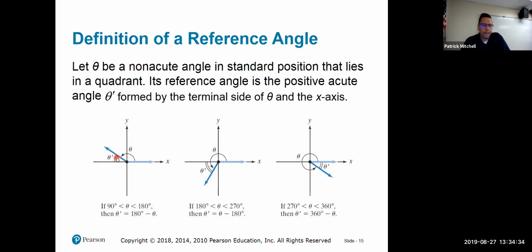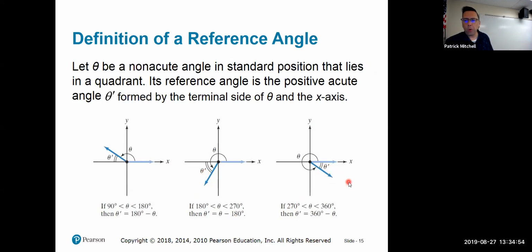So it kind of means this angle is based on this angle, but it's not the same angle. Okay, but it is read theta prime. So in quadrant 2, you see the acute angle there. In quadrant 3, you see it here. And in quadrant 4, you see it over here.